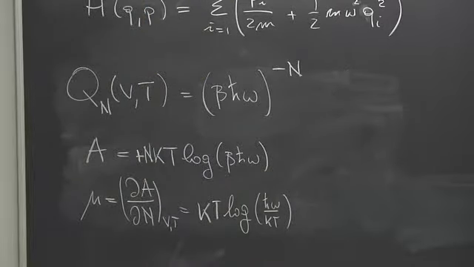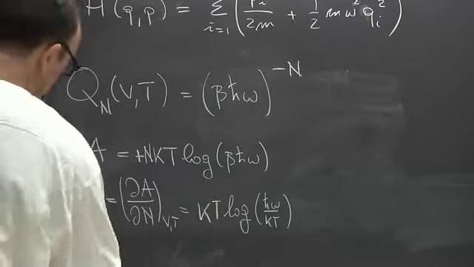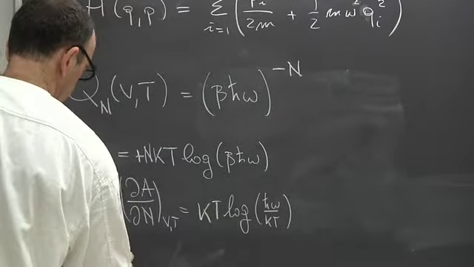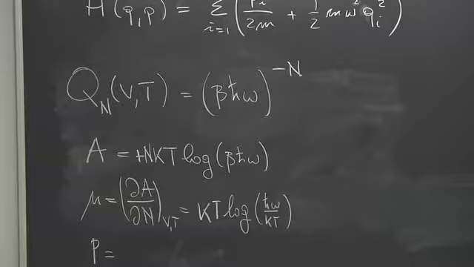And so the pressure also is very simple. What is the pressure? The derivative of A with respect to volume. So how much is it? 0. Okay.